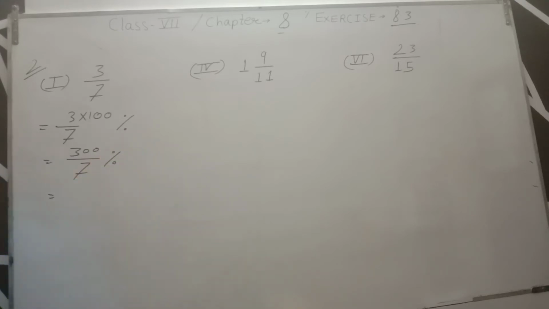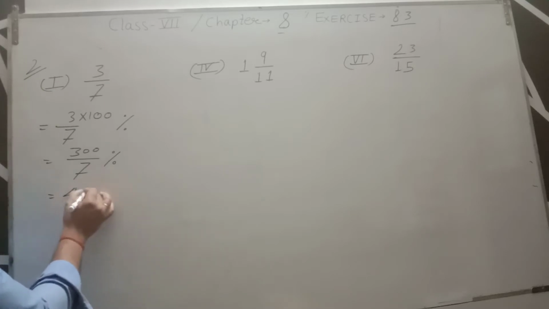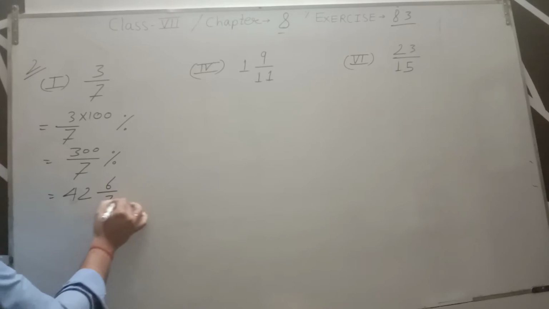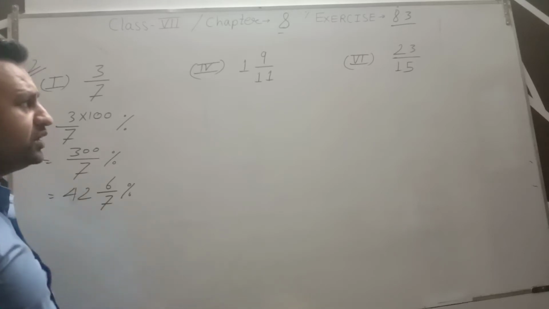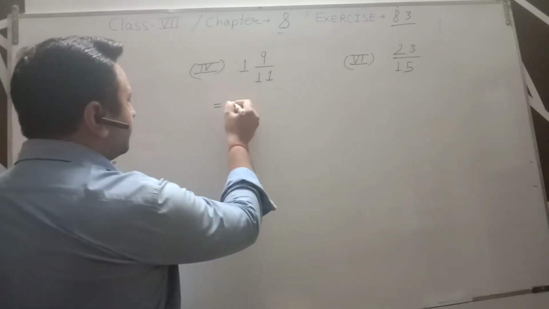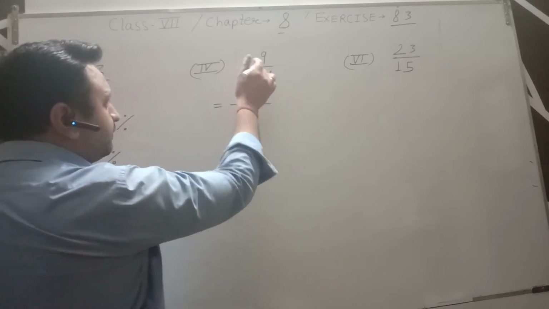To simplify it, the value we obtained is 42 whole 6 upon 7 percent. Now 1 whole 9 upon 11. It is a mixed fraction. Firstly we convert it to an improper fraction. 11 ones are 11 plus 9.